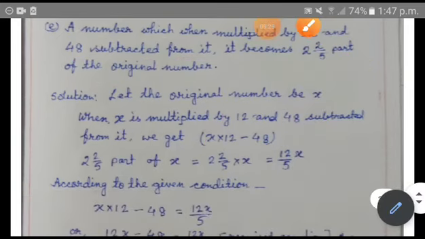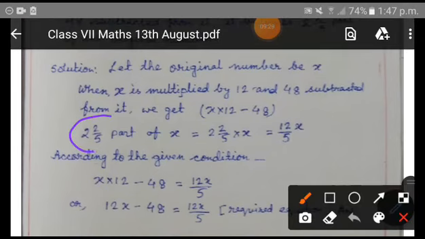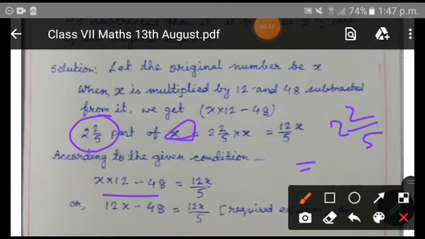Then that will be equal to 2 by 5 part of the original number. So 12x minus 48 equals to, now 2 by 5, if you convert it into an improper fraction, 12 by 5, you are getting 12 by 5 of x.